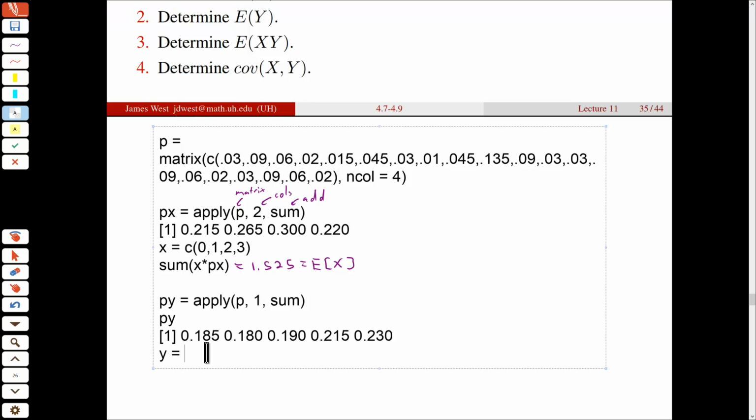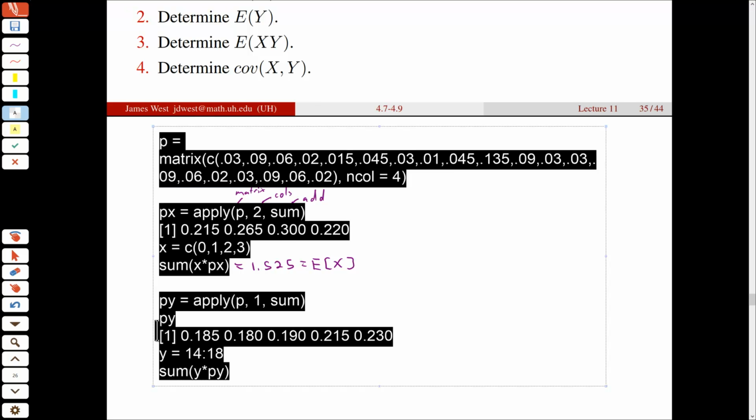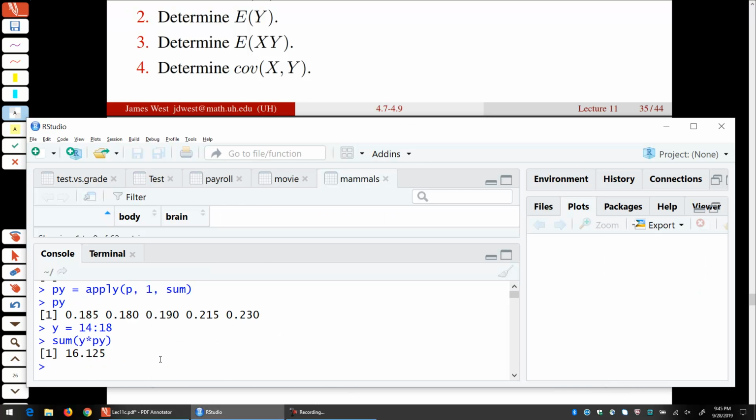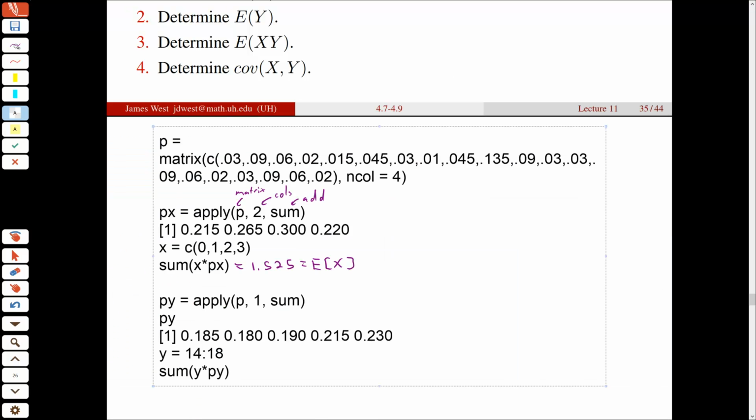One quick way to do this is just write Y is 14 to 18. And then I can sum them up. We get 16.125, which is the expected value of Y.